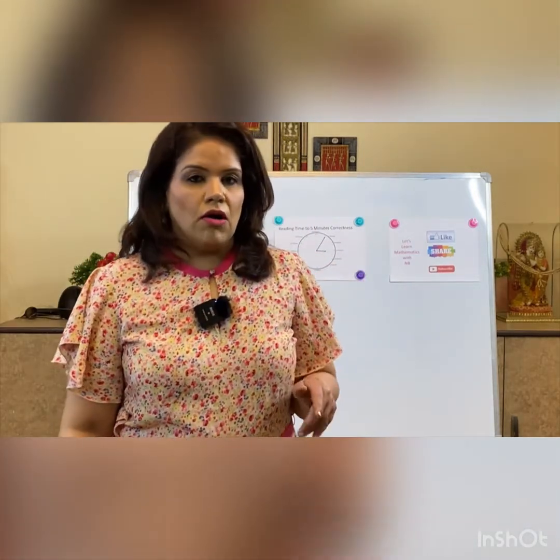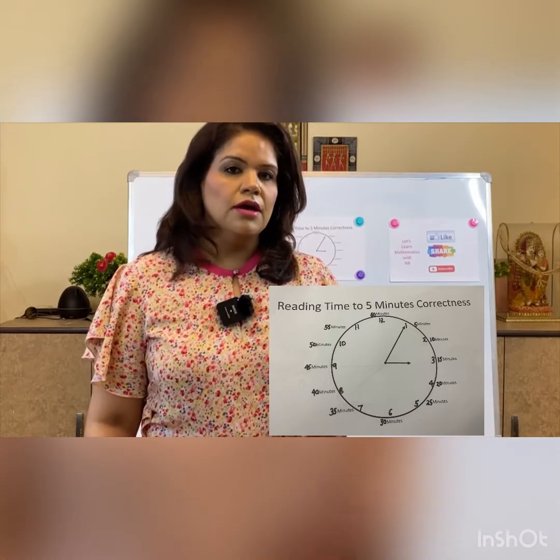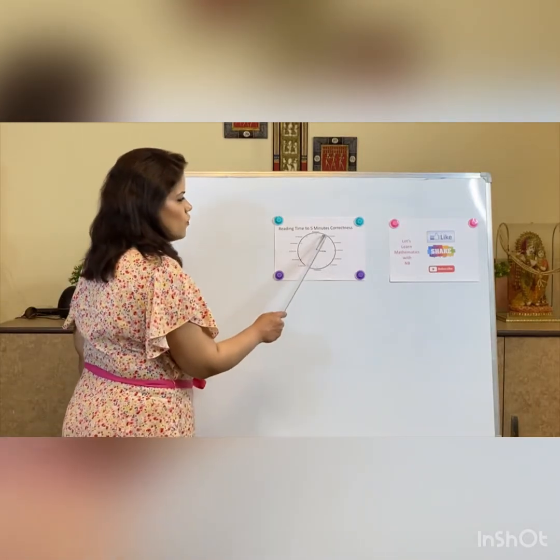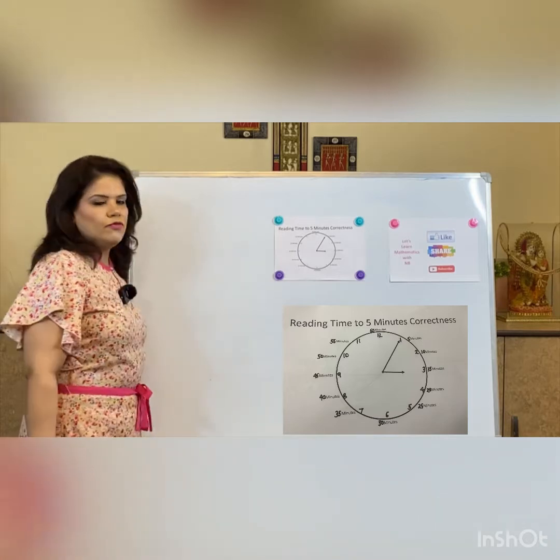The hour hand will go from one number to another number, but the minute hand will complete 1 to 12. That means it is going to cover 60 minutes. So that's why we take 1 as 5 minutes. Now how will we read this?